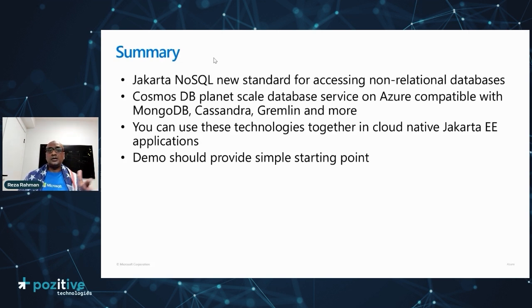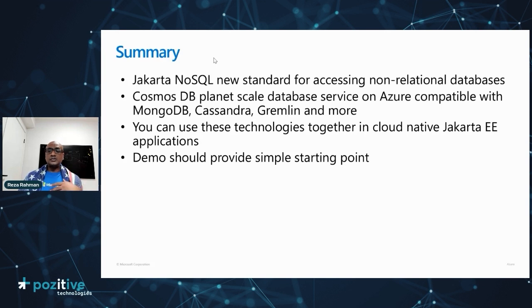Cosmos DB essentially is a managed database on Azure. It is planet scale. And it's compatible with many different types of APIs. For example, in the demo I showed you that basically I'm using MongoDB, the MongoDB API. I could have frankly done the demo with Cassandra if I wanted to as well, just as easily with Gremlin.